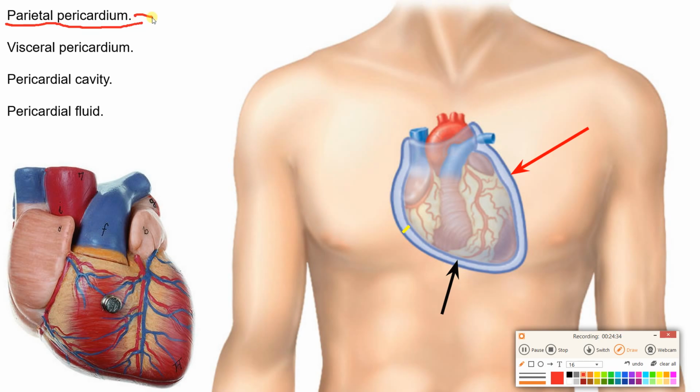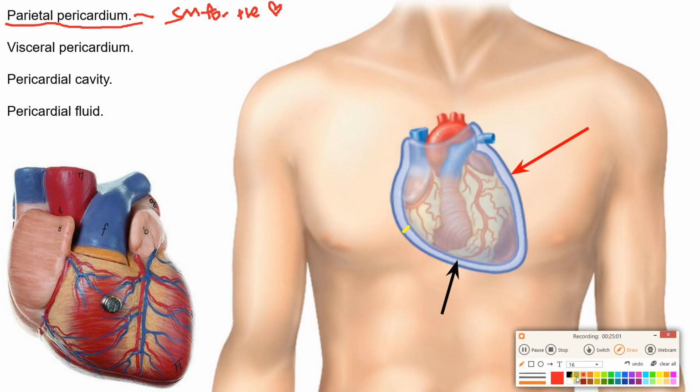So pericardium is basically meaning serous membrane for the heart. Okay, if I just said parietal serous membrane or parietal serosa, you wouldn't know what organ I was talking about. But by saying parietal pericardium, we know we're talking about the heart.